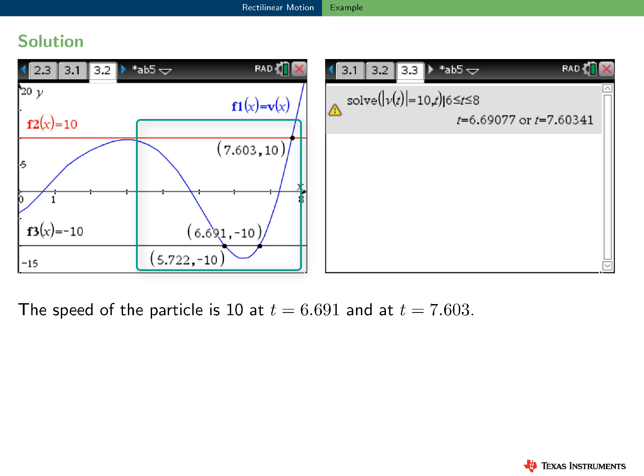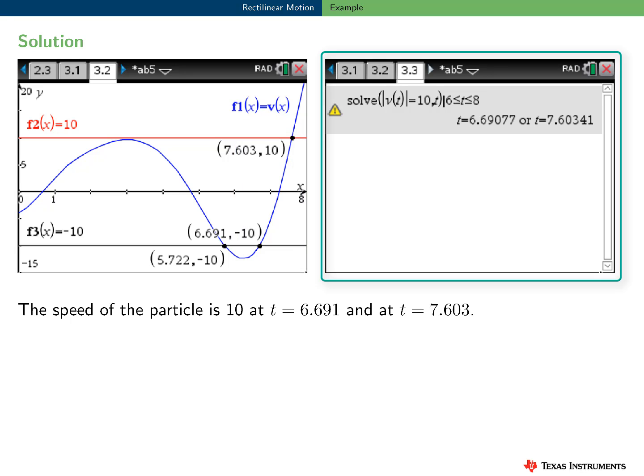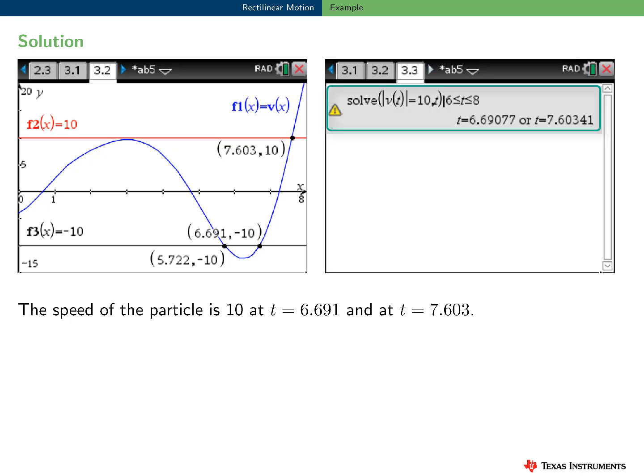Working on a graph page, I found 3 points of intersection. This graphical analysis suggests that there are 2 values of t between 6 and 8, for which the speed of the particle is 10. Now, one of my philosophies involving technology is to explore on a graph page, but confirm on a calculator page.